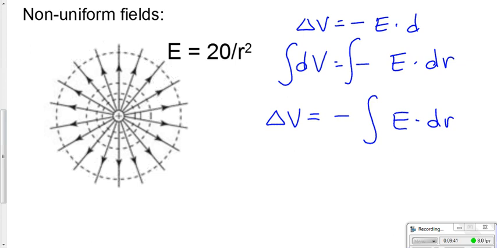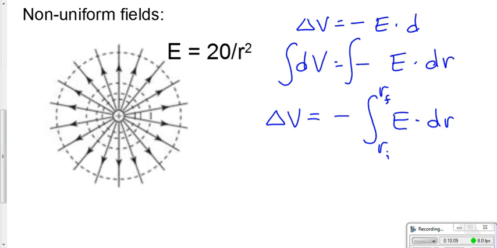And what this means is we perform an integral of the electric field function with respect to whatever the displacement vector is. And we usually need to put some limits on these integrals. So we'll have some starting position. I'll just call it the initial position, r sub I. That came out kind of ugly, so I'm going to rewrite it. R sub I. And our final position we'll call r sub F.